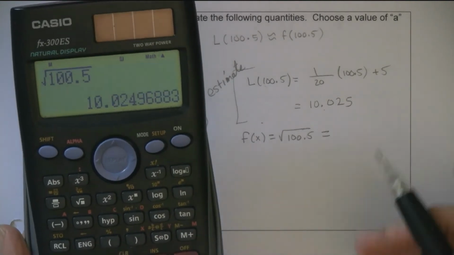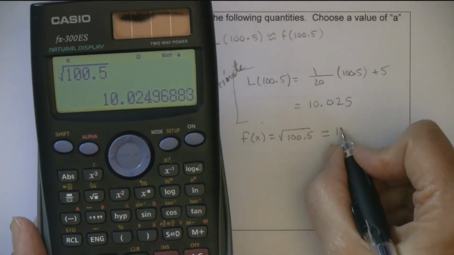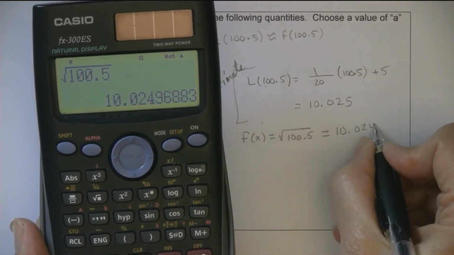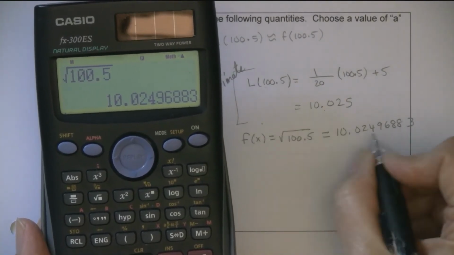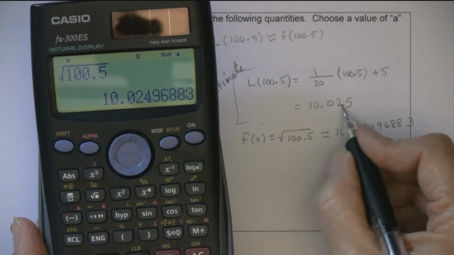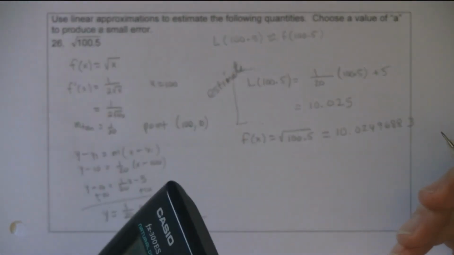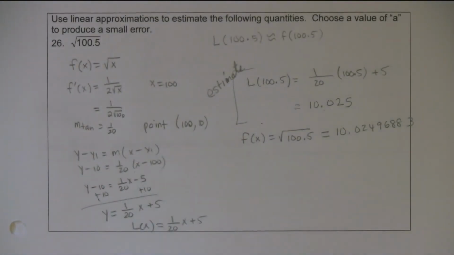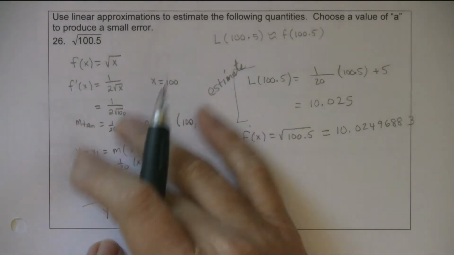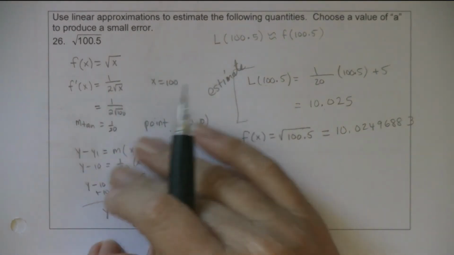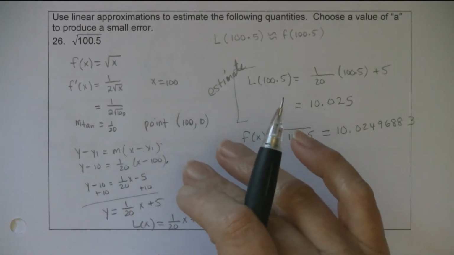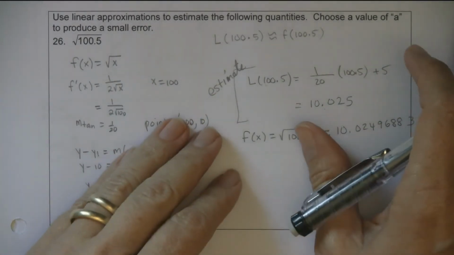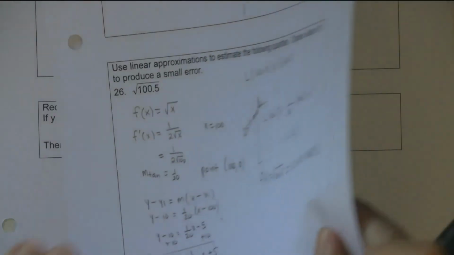But the square root of 100.5 is exactly 10.024968883, and this was our estimate. So you see that's pretty close, right? And this didn't take any, I mean, it took some math, but I didn't have to do it on a computer or whatever.